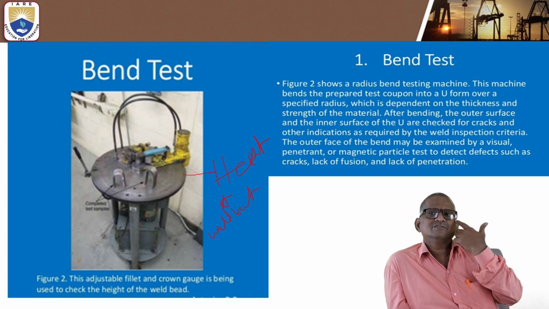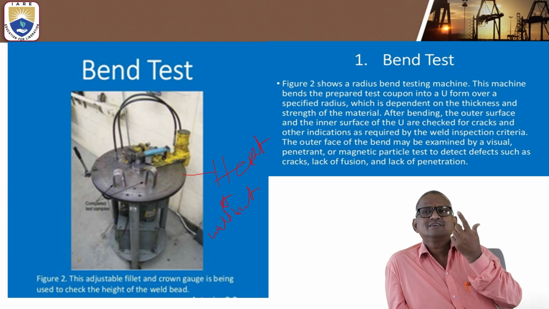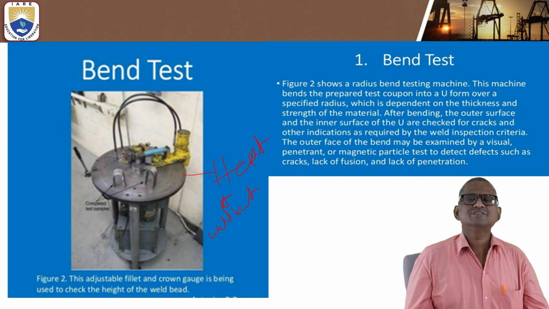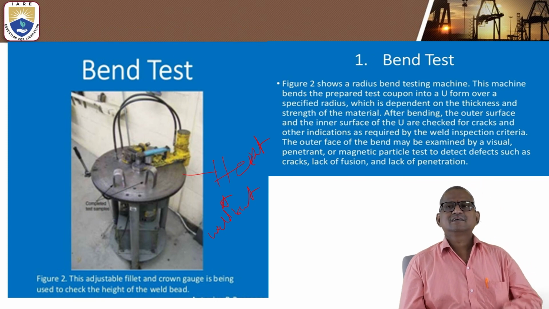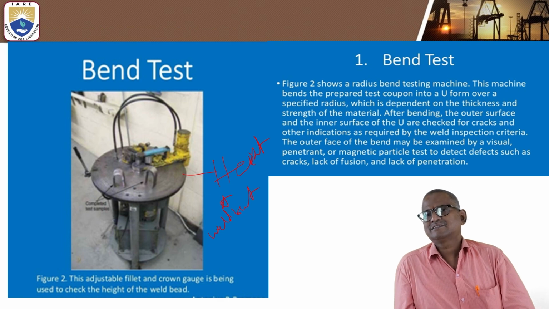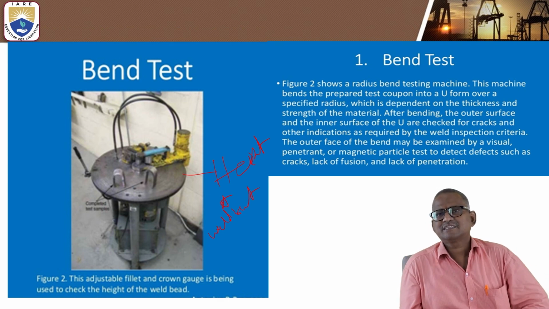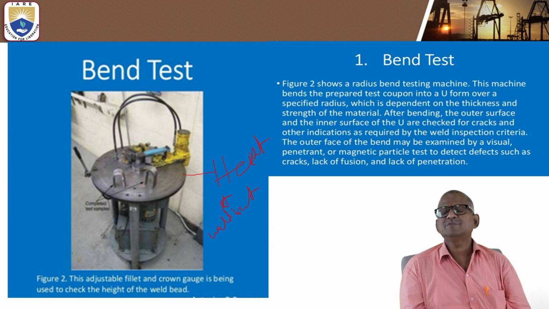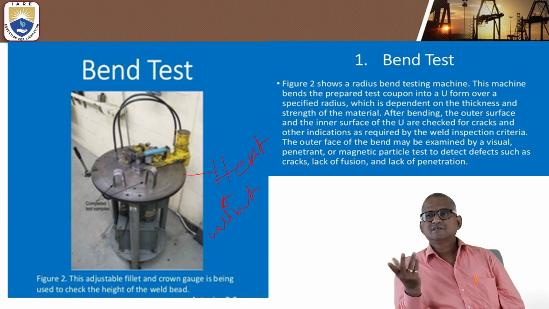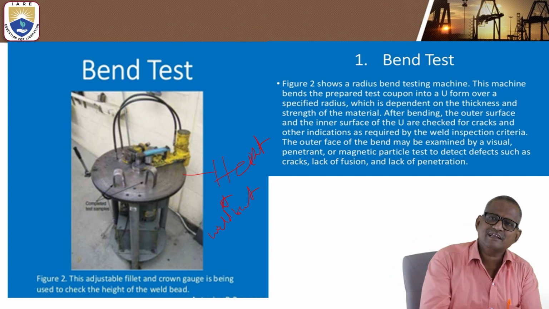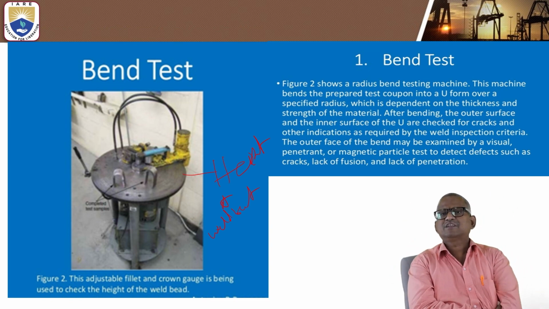After bending, we check the outer surface or inner surface of the U, and check the cross section and other indicators as required by the weld inspection criteria. The outer face of the bend may be examined by visual inspection and photographic inspection, and different varieties of inspection are widely used.